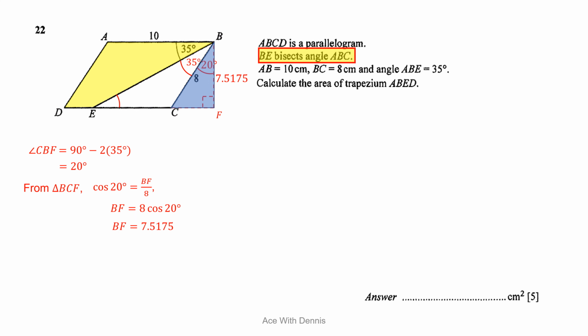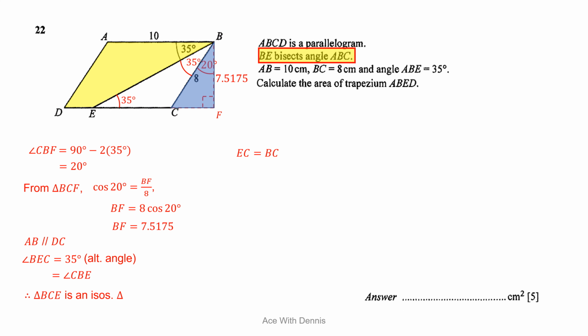Now, let's find this angle. Since AB is parallel with DC, then angle BEC equals 35 degrees because of alternate angles. Let's label this 35 degrees, and it also equals angle CBE. So this tells us that triangle BCE is an isosceles triangle.